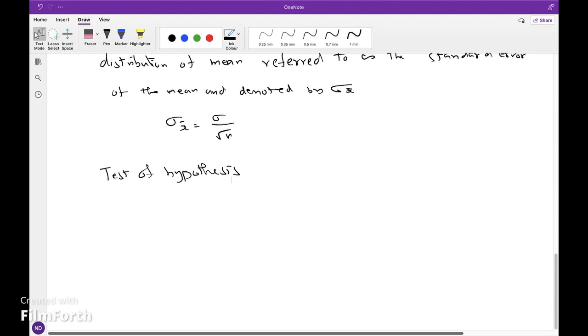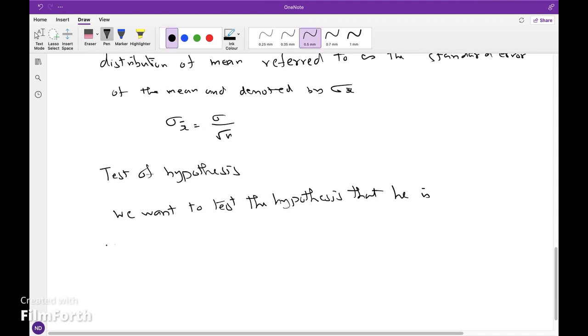we want to test the hypothesis that, for example, he is innocent, and take this hypothesis as H naught.